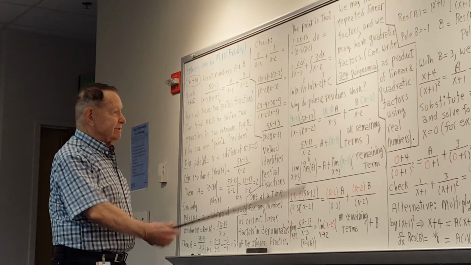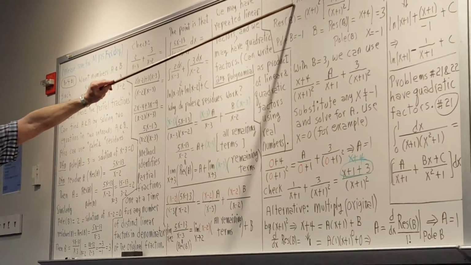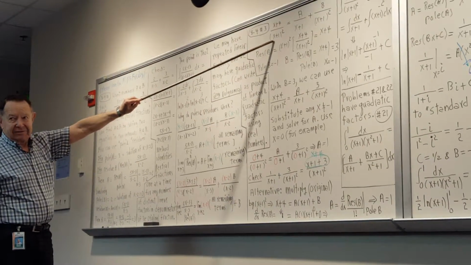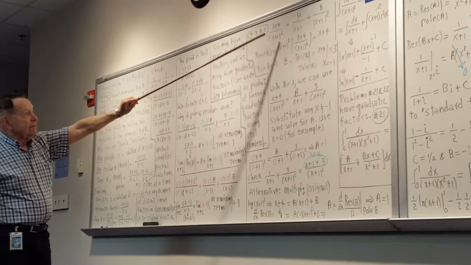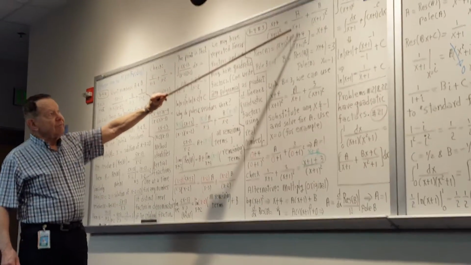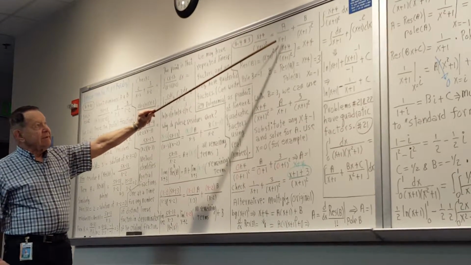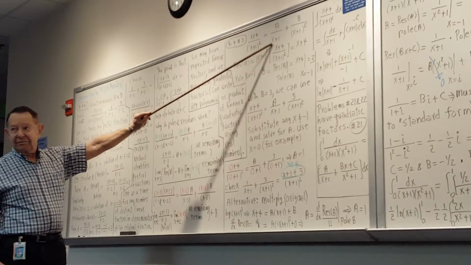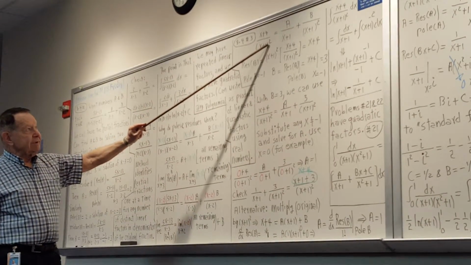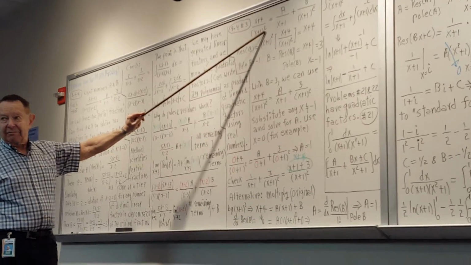So, for instance, look at problem 3, where you have a repeated linear factor, as you see. When you have that, you have to allow for whatever is the linear factor to all possible whole number powers up to and including the one that appears in your original problem.